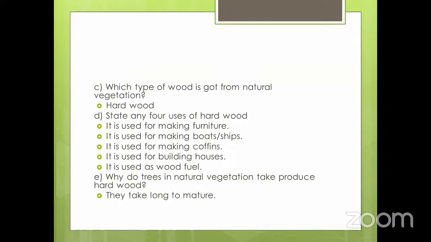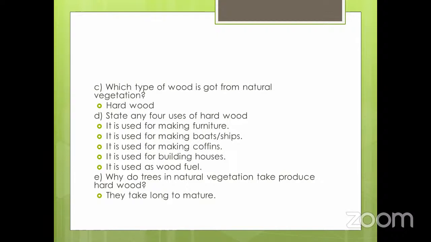Okay, to mention but a few. There are so many. You talk about chairs, tables, benches, beds, maybe wooden doors, and so on. That is part of furniture.